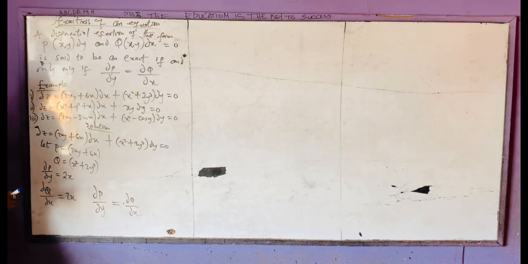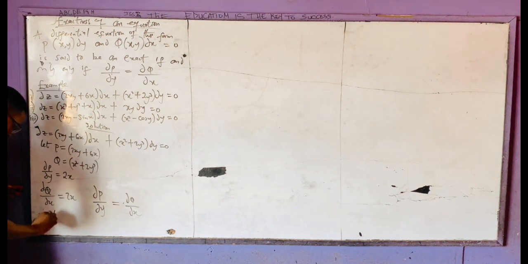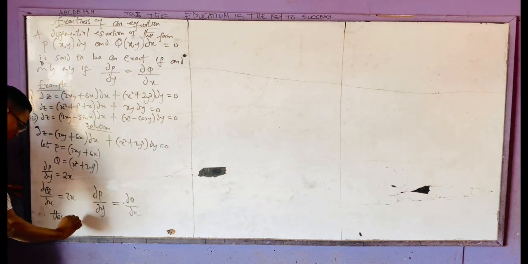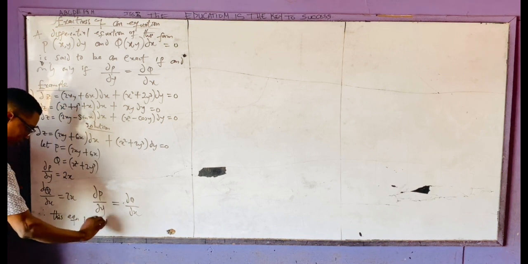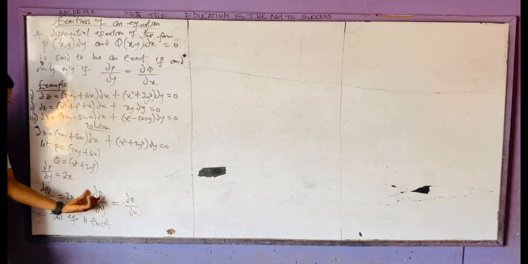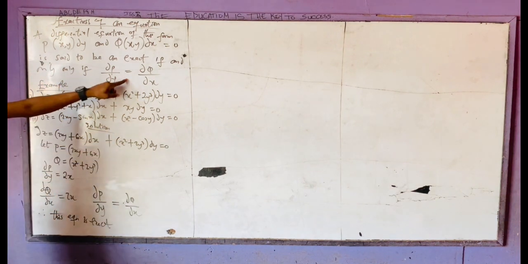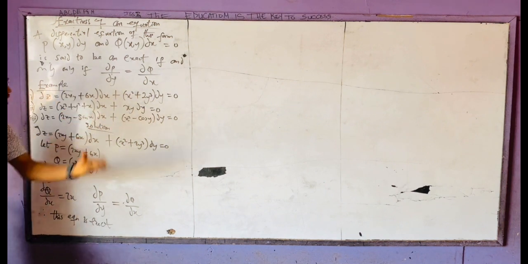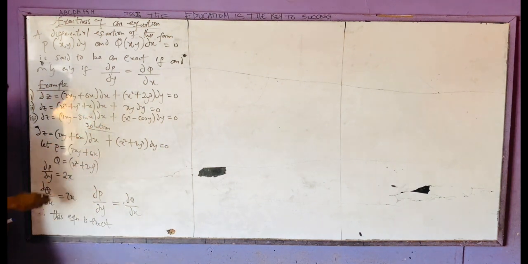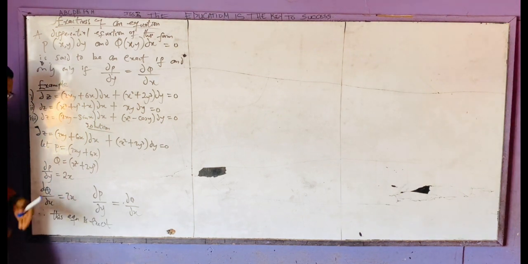That tells us that this equation is exact, because it satisfies the condition that dp over dy must be equal to dq over dx. If and only if dp over dy is equal to dq over dx: dp over dy is 2x and dq over dx is 2x, meaning the equation is exact.